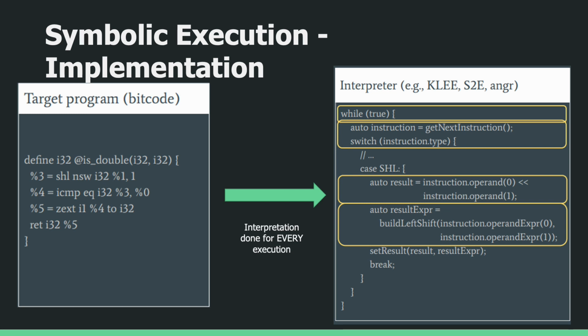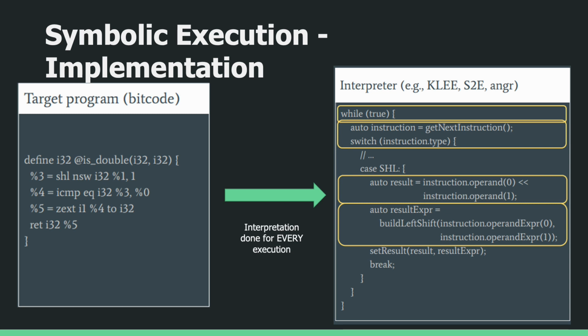Then we get the operands of these instructions, as you can see, where it is auto result is equal to instruction.operand(0) left shifted by instruction.operand(1). Now obviously this depends on what kind of instructions we have, and then we try to generate the expression out of these operands. Once we have the expression, we try to solve it and set the value to our generated new input.